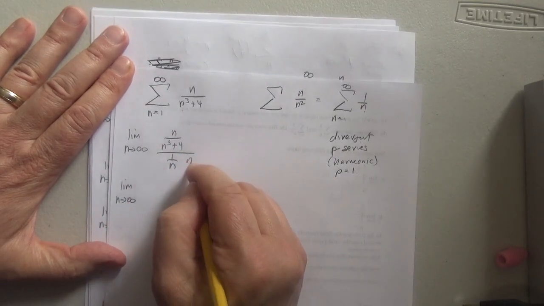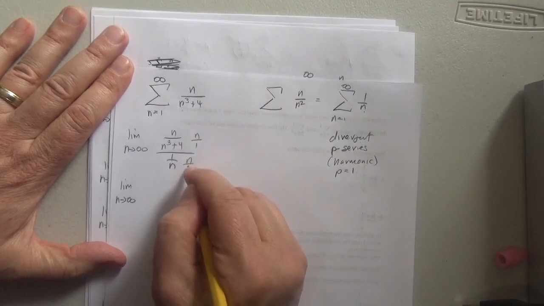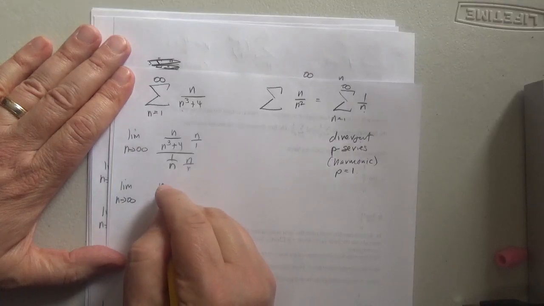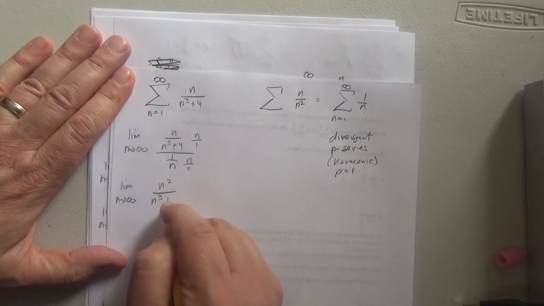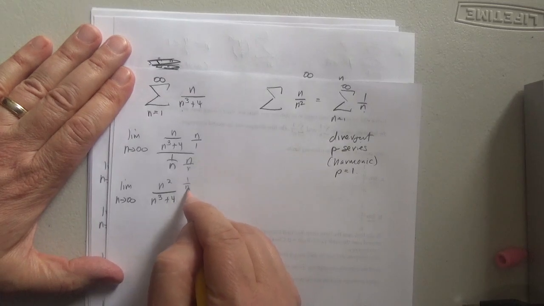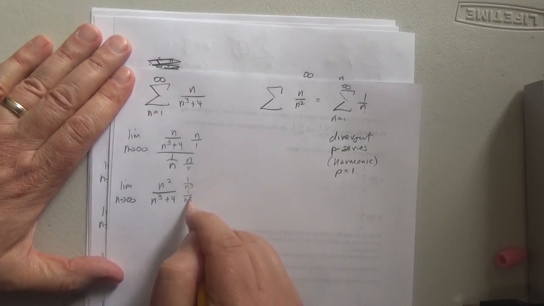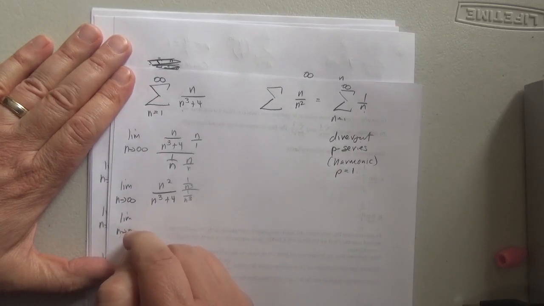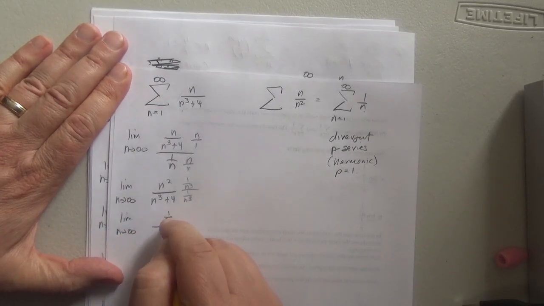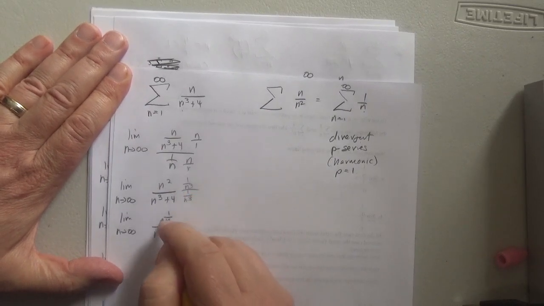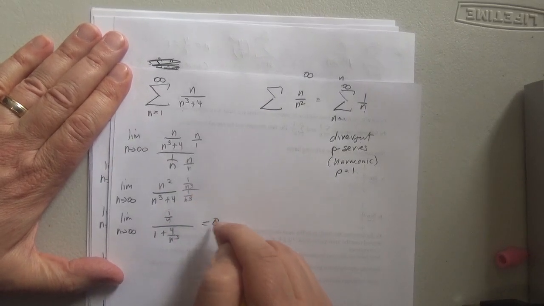I'm going to multiply top and bottom by n over 1. Whoops, that's it, n over 1. I get n squared over n cubed plus 4. If I multiply top and bottom by 1 over n cubed, I get the limit as n approaches infinity of 1 over n, 1 plus 4 over n cubed. This is 0, this is 1, I get 0.